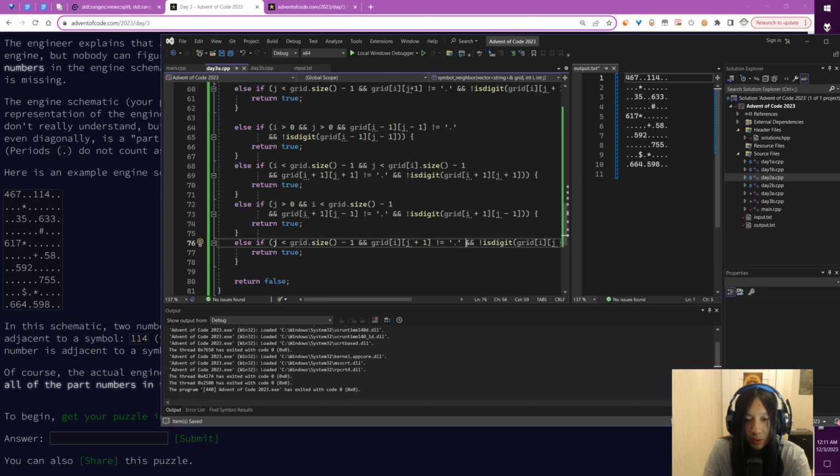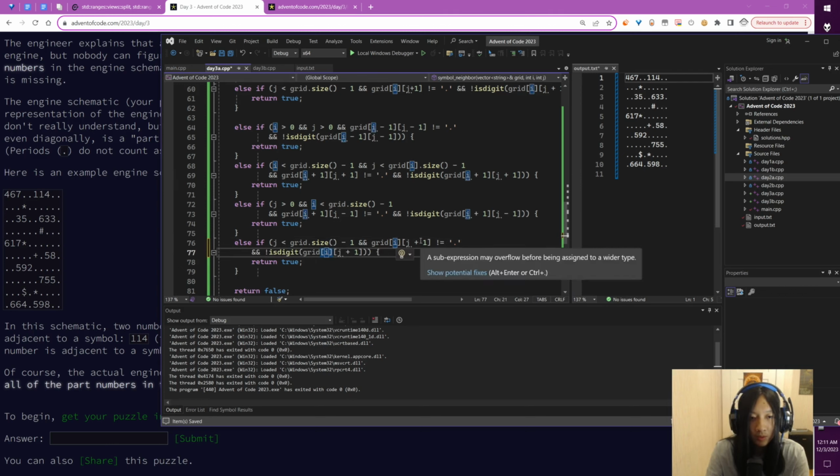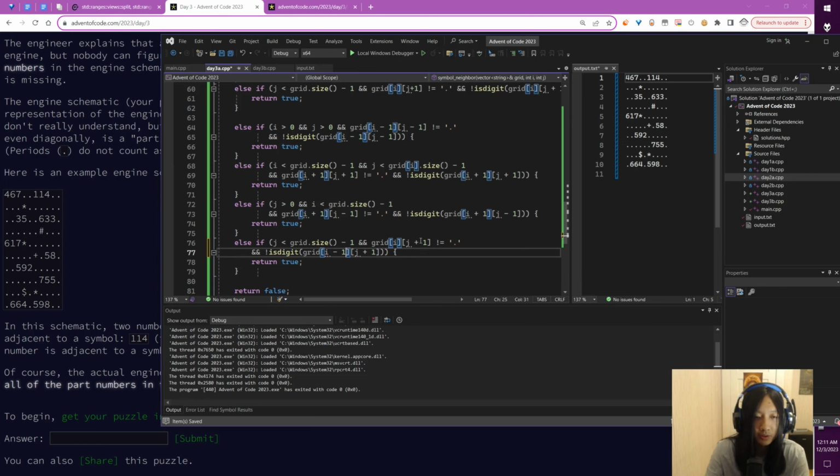And then we want to do the reverse, which is one above to the right. There's like no way this will actually work on the first try, but whatever.